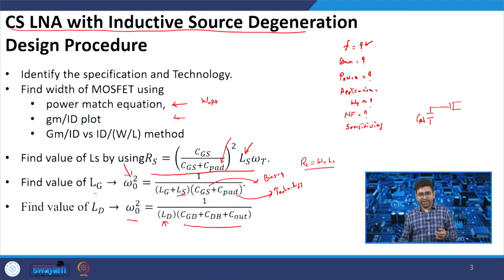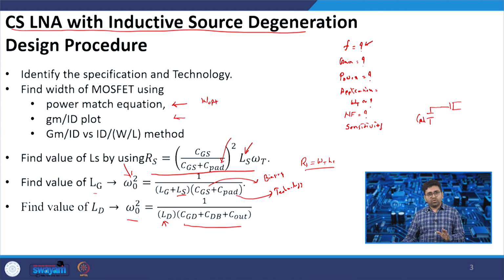We also need to make a biasing. There are various biasing circuits which can be employed to bias our low noise amplifier. So, this is how we can design a low noise amplifier. This is a common source LNA design procedure.